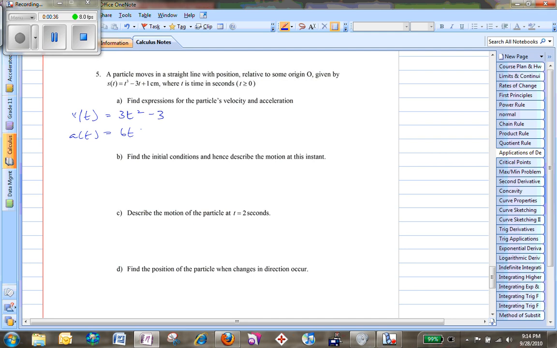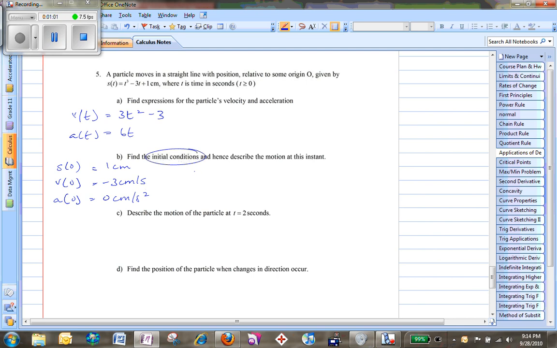It then says find the initial conditions and hence describe the motion at this instant. So the initial conditions are s at 0, v at 0, and a at 0. That means plug in 0 into the displacement, velocity, and acceleration and tell me what you get. Well, you get 1 centimeter, you get negative 3 centimeters per second, and you get 0 centimeters per second squared.